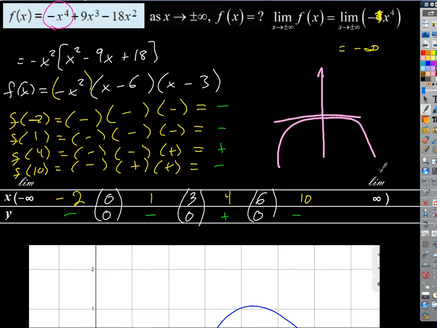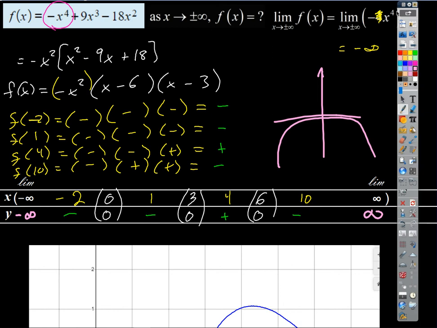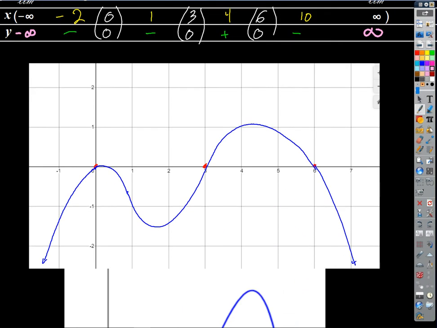We never did this, so we have to add that information to our table. The limit as we approach negative infinity is, oh, it's not infinity, it's negative infinity. The limit as we approach positive infinity is negative infinity too. So we know what our sketch is going to look like at the ends.